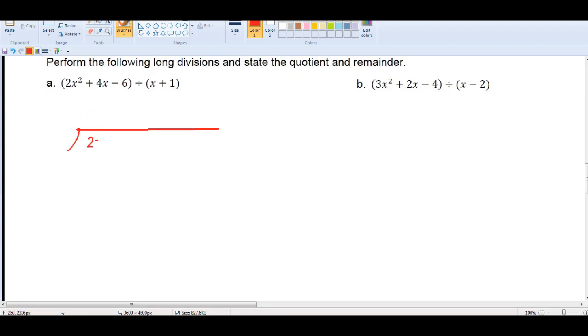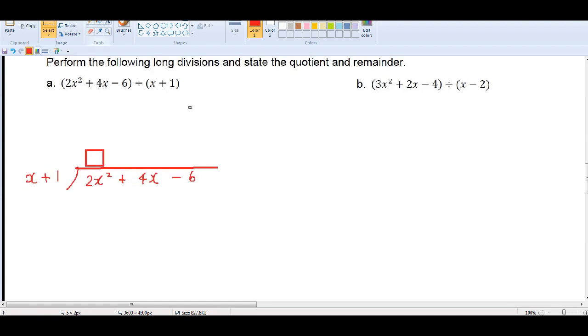Then you write the dividend, and you write the divisor here. We need to think about what the first term in the quotient is. Let me create some room. Right now you need to think about what it should be.